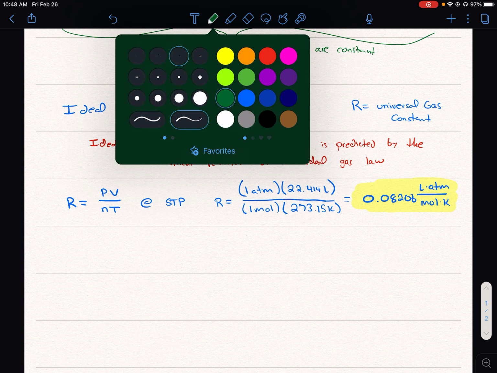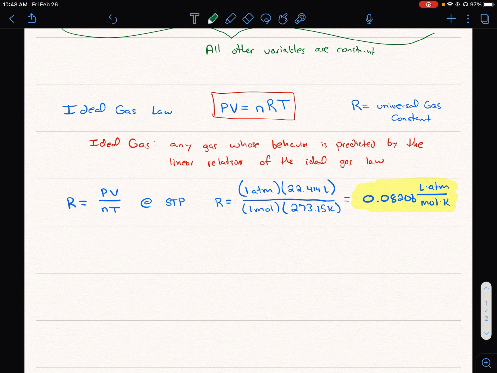But the other thing you should take note of is we can find other values of R where the units have changed. So we can also have a value of R you may have seen before, that's 8.314. That's the same R, but the units are kilopascals times liters over moles times Kelvin.